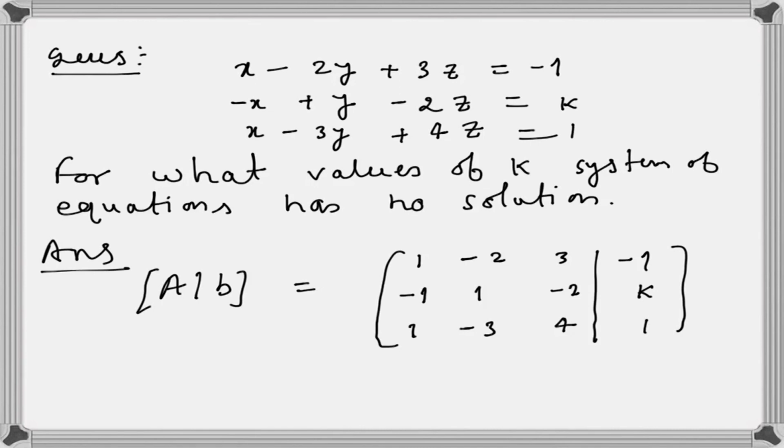Let's apply the following transformation: R2 plus R1 and R3 as R3 minus R1. So this is our reduced system.